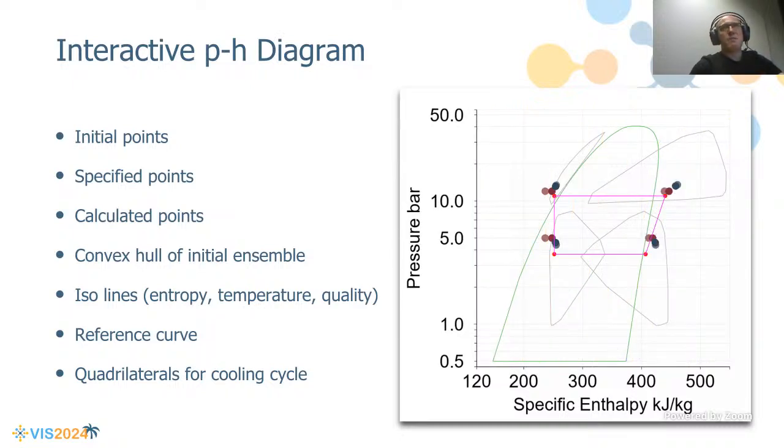For example, when specifying the desired cycle characteristics, details of the initial points are not of interest, but the convex hull of the initial points is, since it gives a good indication whether the currently specified cooling cycle characteristics, represented by the 4 characteristic points, can be achieved within the system's plausible parameter range.